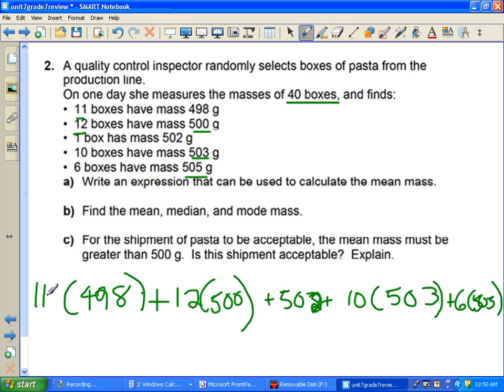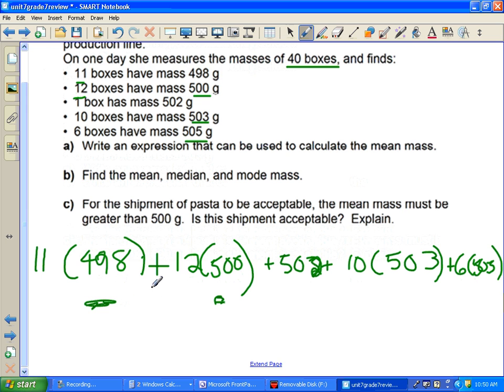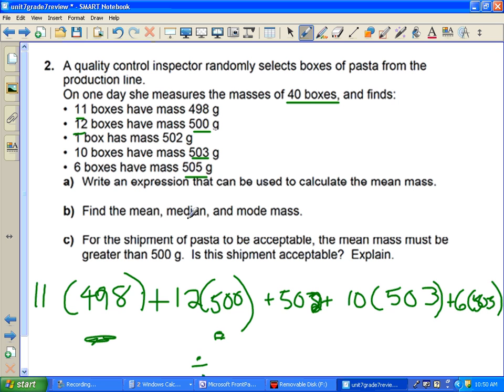So basically I can work this out now using a calculator. So 11 times 498, I'll put my answer here. Put my answer to 12 times that there, and then add them all up in the end. After I add them up, remember the mean is divided by the total number that you have. So once we add up all of the total masses, I'm going to add up my data sets here.